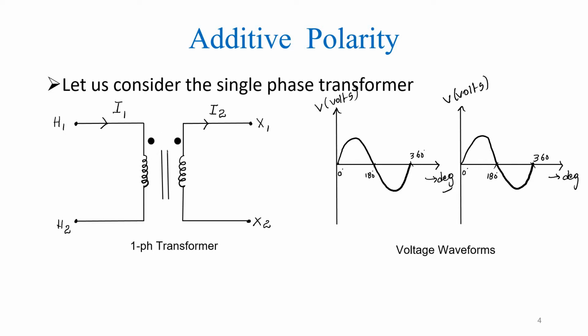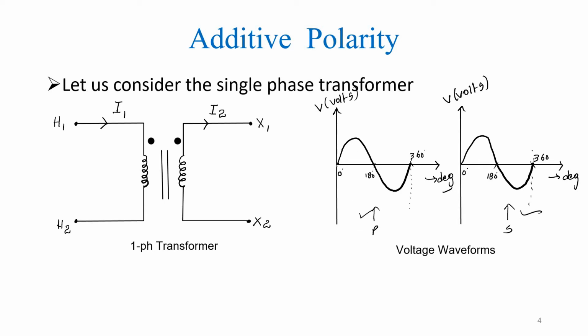So in that additive polarity, what will be the phase shift between the primary voltage and the secondary voltage? You can see the waveforms here. This is the waveform with respect to the primary winding, and this is the waveform with respect to the secondary. This is the input side waveform, output side waveform.